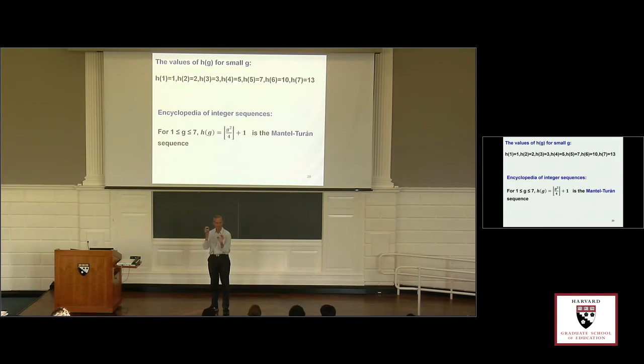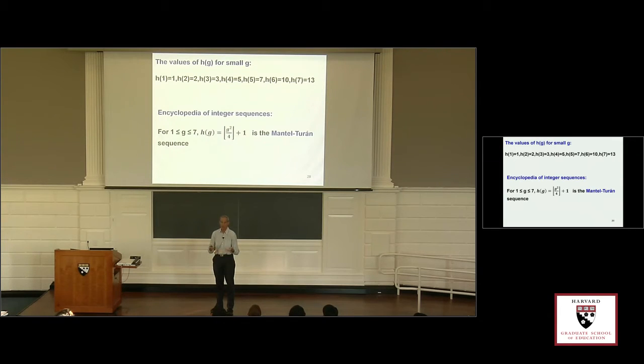I didn't cheat, by the way. I really knew only these numbers, I didn't compute h of 8. And this is the Mantel-Turán sequence, the floor of G squared over 4 plus 1, namely the minimum number of edges in a graph on G vertices that guarantees a triangle, but just by coincidence maybe, but it is.